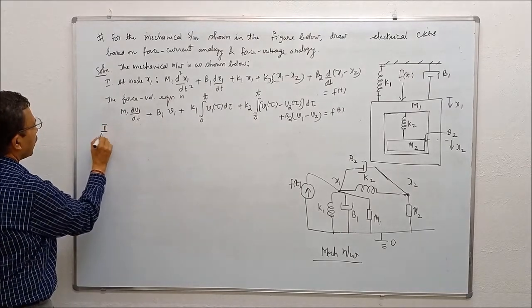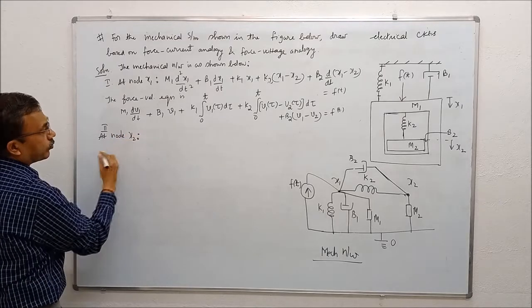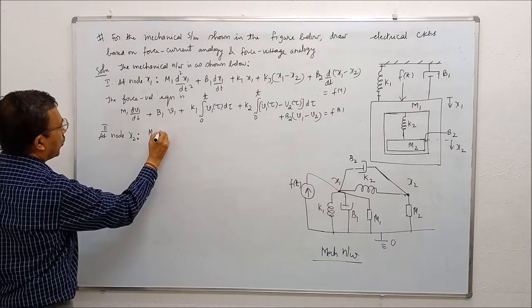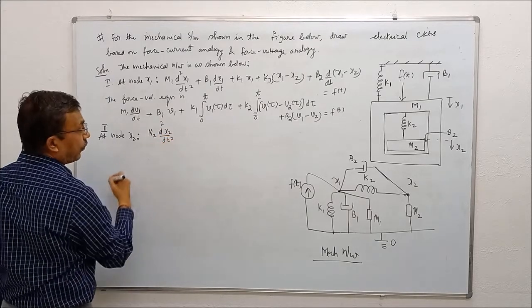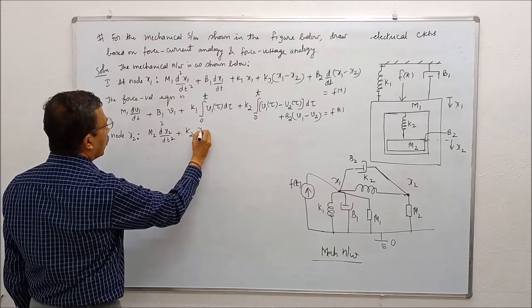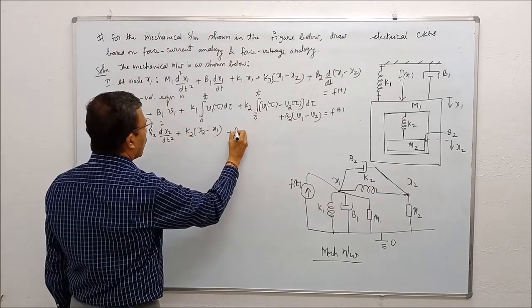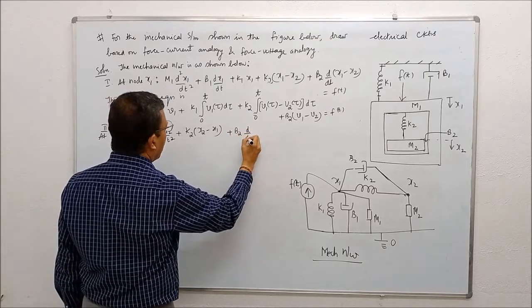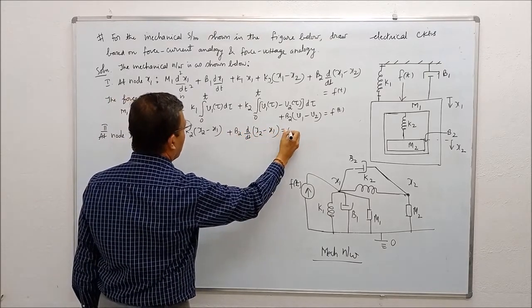Second step, at node x2, M2 into d square x2 by dt square plus K2 into x2 minus x1 plus B2 into d by dt operating on x2 minus x1 equal to 0.